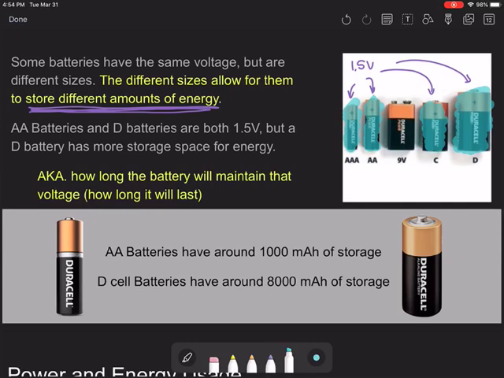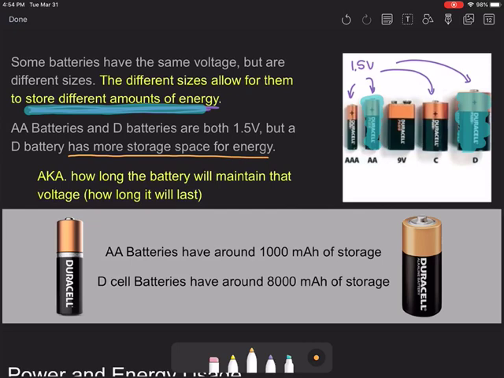So the difference between them is the size. And what the different size allows for is that each battery will be able to store different amounts of energy. So if we're looking at a D battery compared to a AA or even a AAA battery, because the D battery is larger, it will have more storage space for energy.